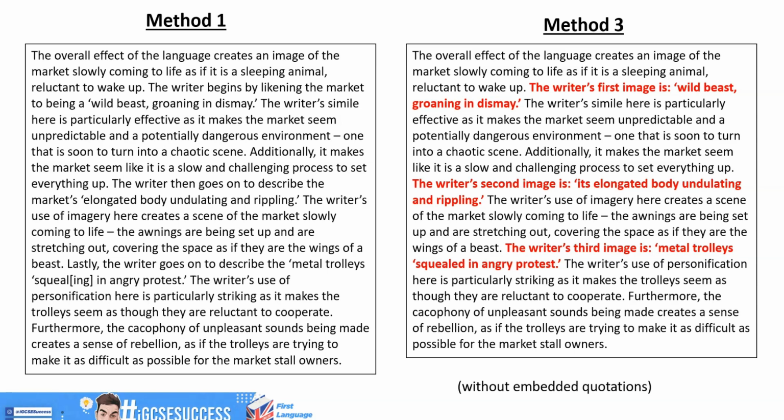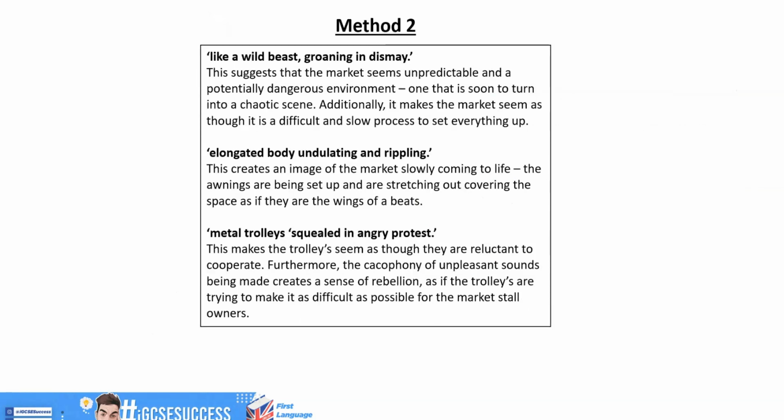Now let's take a look at method 2. So I won't read it out, but I will give you time to read what is on the screen. But essentially the biggest change is that this response starts with the quotation and then the analysis is provided underneath. Now, I have pretty much taken the analysis from my method 1 5-step paragraph.